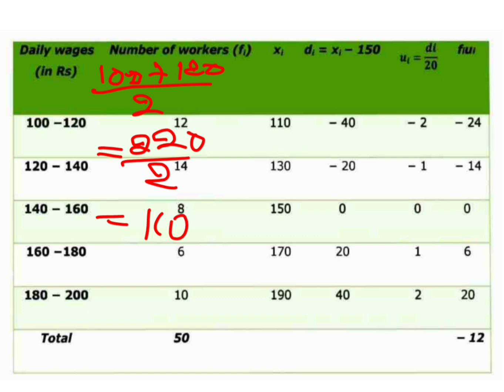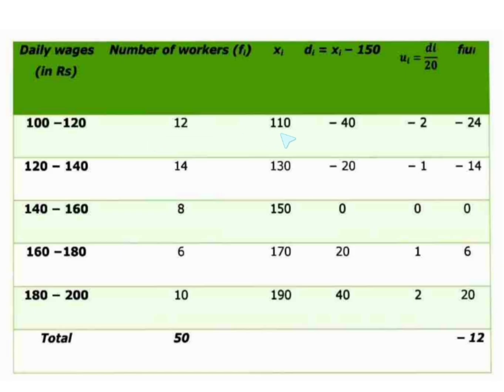So xi equals 110. For 120 to 140, the mid value is 260 by 2, which is 130. For 140 to 160, the mid value is 150. For 160 to 180, it is 170, and for 180 to 200, it is 190.